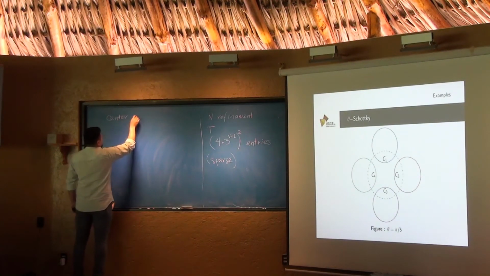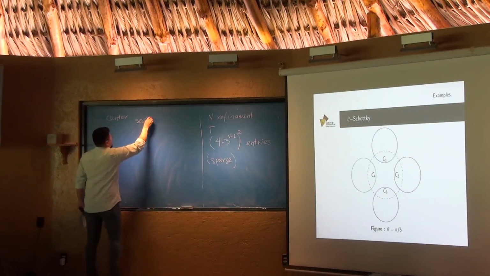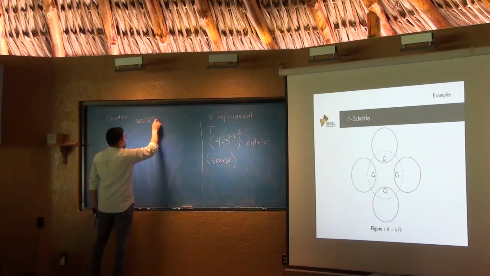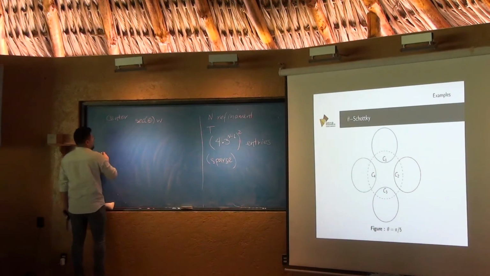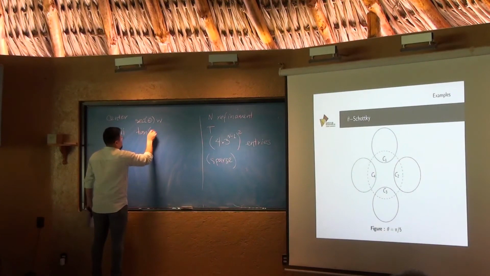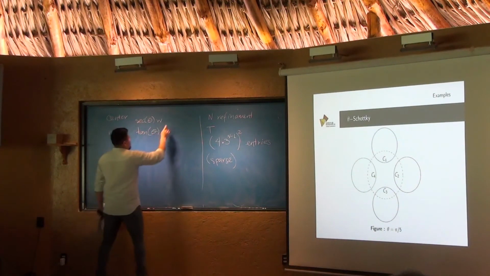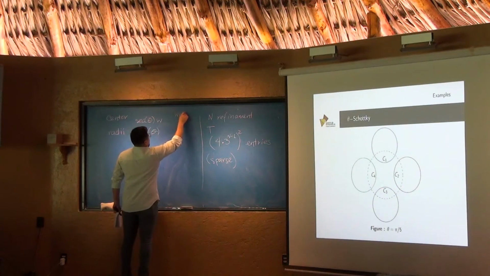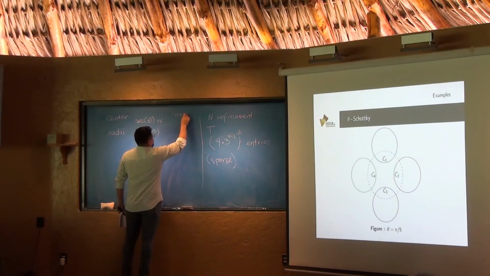The centers are in sec of theta plus W and radius tangent of theta, and W can be 1, i, minus 1, and minus i.